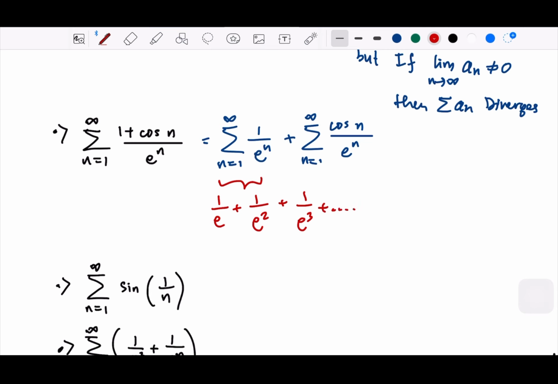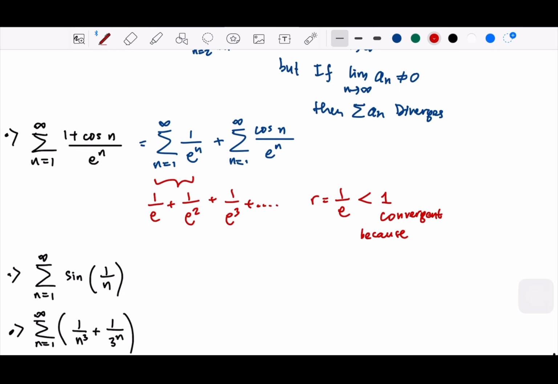And we know that this will be a geometric series. So r is 1 over e, and we know that this is less than 1, right? This one converges, because r is less than 1 for the geometric series.